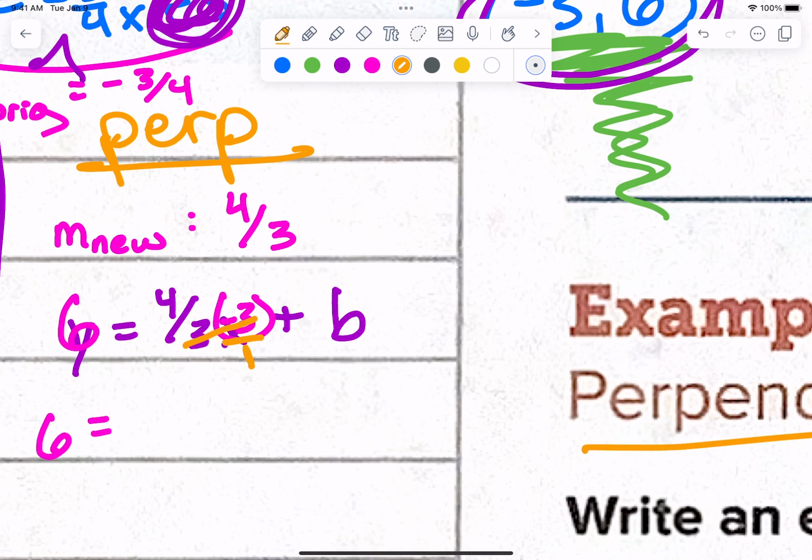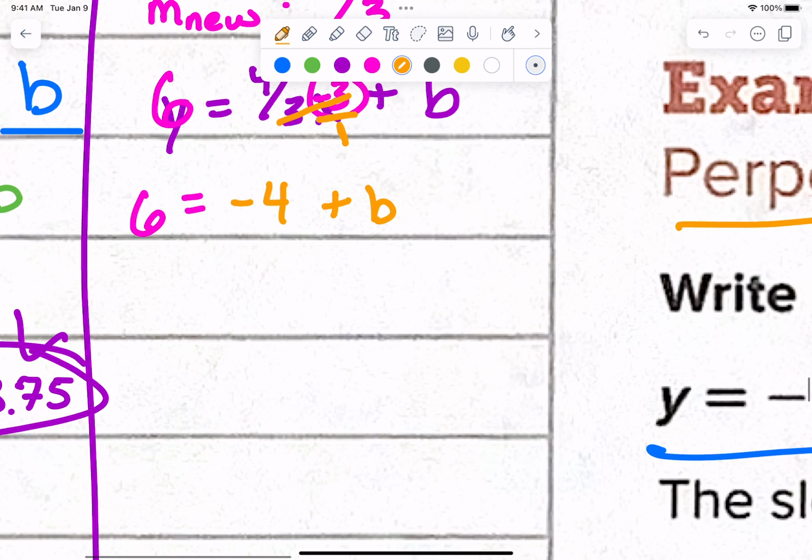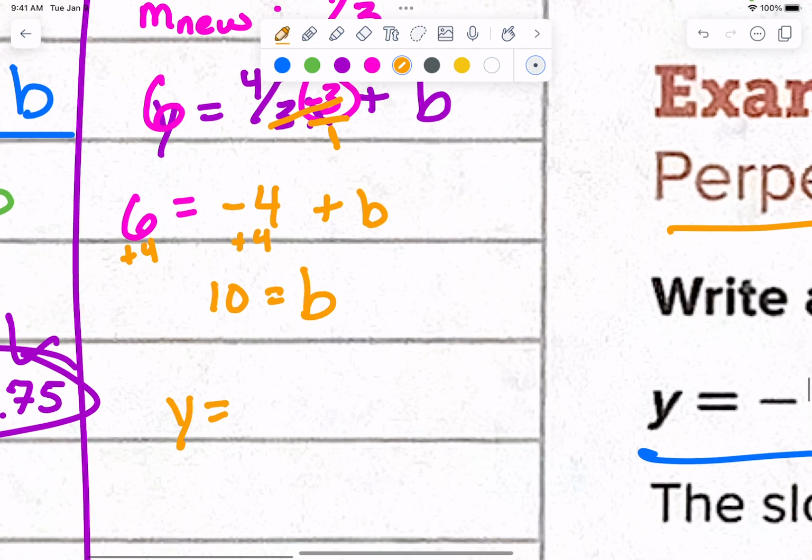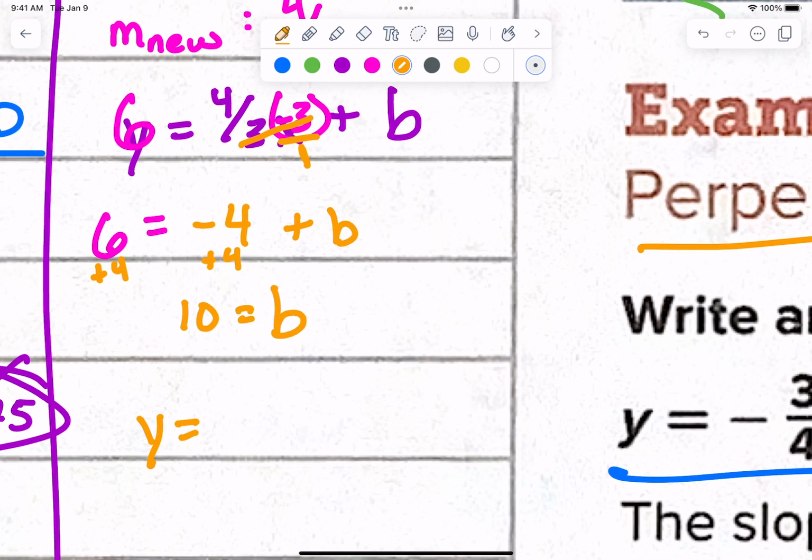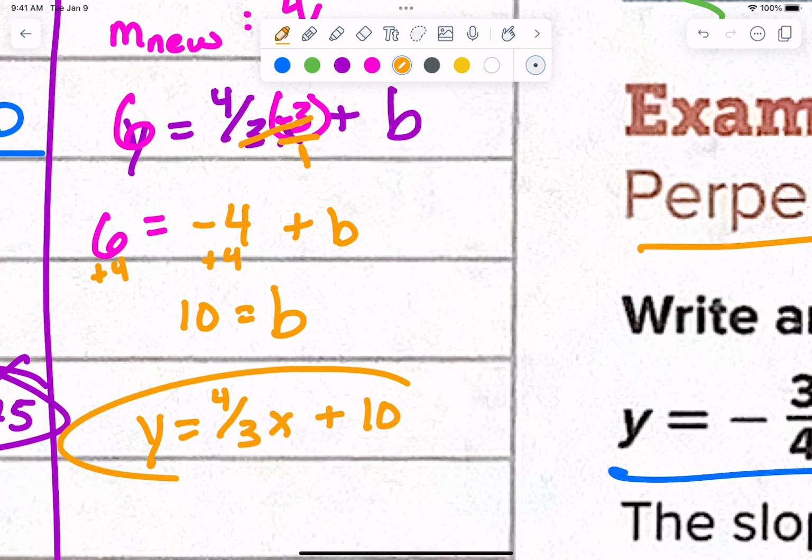The 3's will cancel, and it will just be negative 4. What will b be? b will be 10 if you add the 4. So b is 10, and the last one, y equals 4/3 x plus 10, perfect.